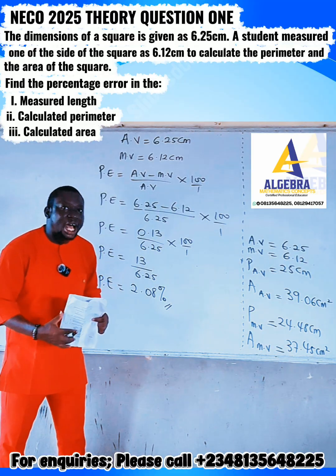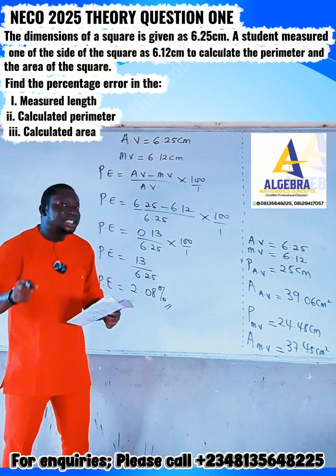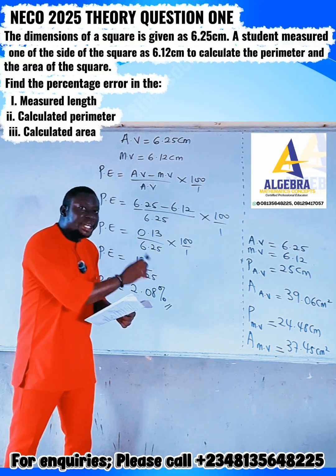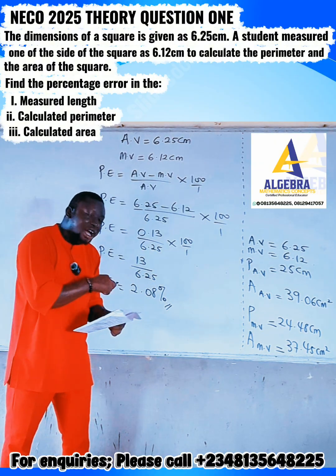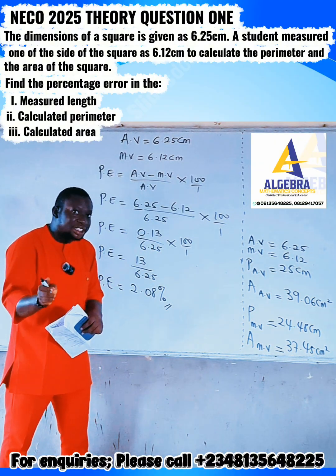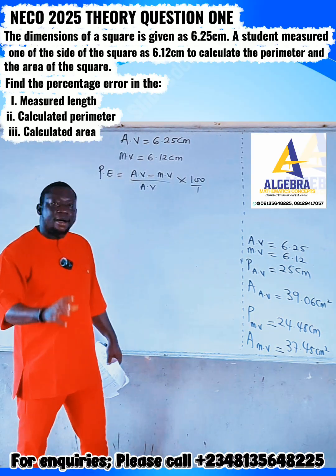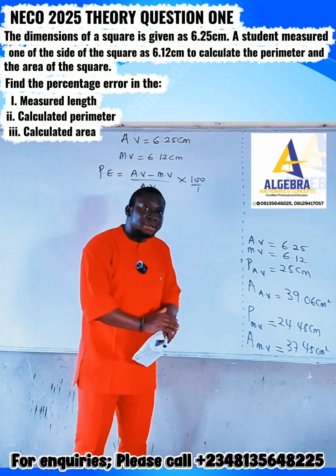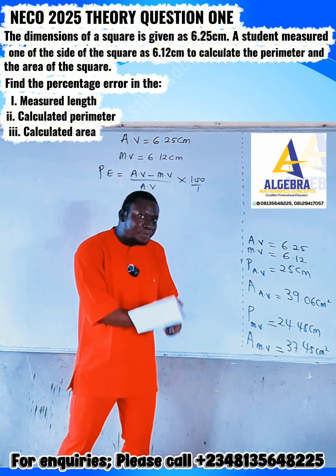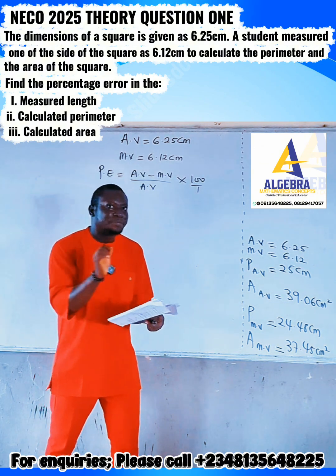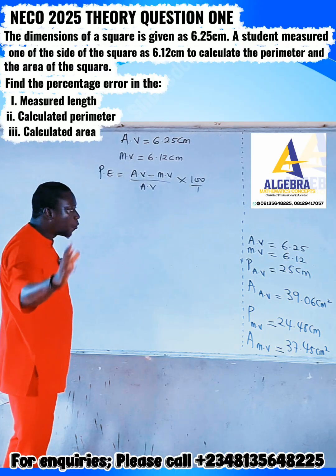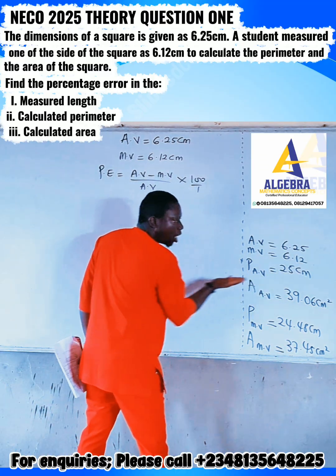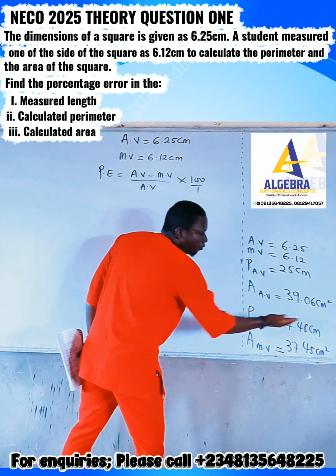They also ask us to calculate the percentage error in the perimeter and also in the area. So let me do the percentage error in the calculated perimeter. I will use the same formula. For perimeter, this is the actual value and here is the measured value.